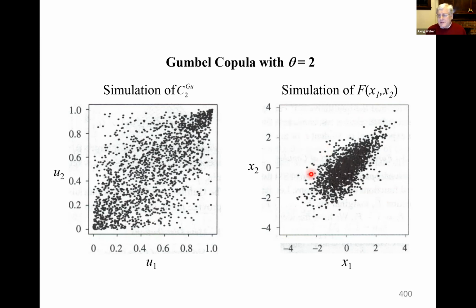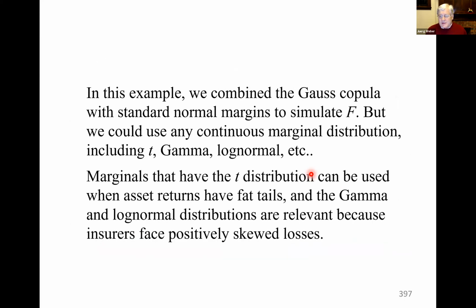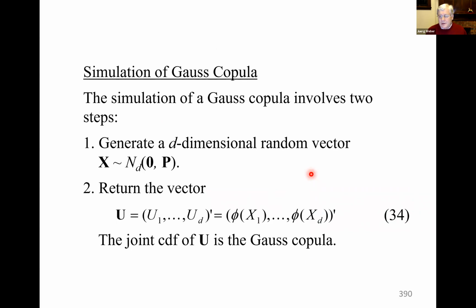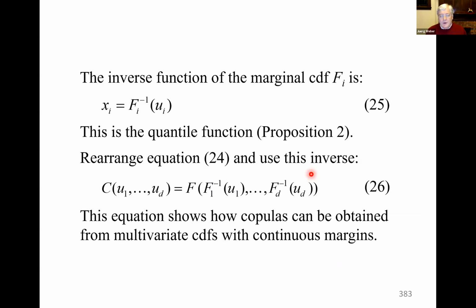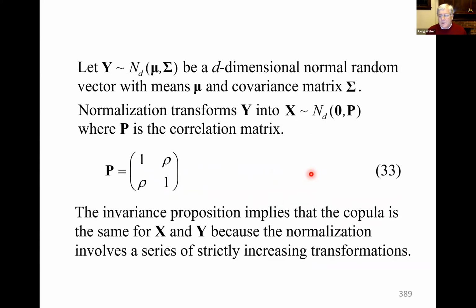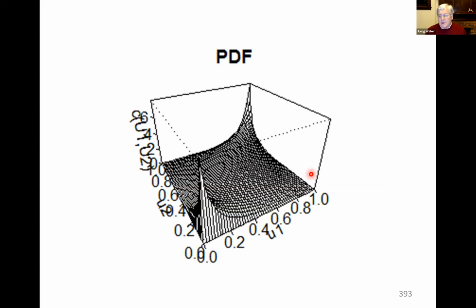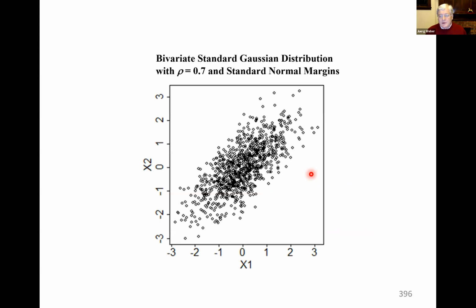Gumbel copula has upper tail dependence. Clayton copula has lower tail dependence. But I don't use the Clayton copula here. And then naturally, the Gauss copula. Here we have it. Okay, we don't have tail dependence.